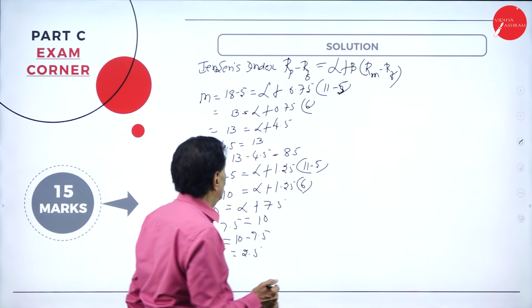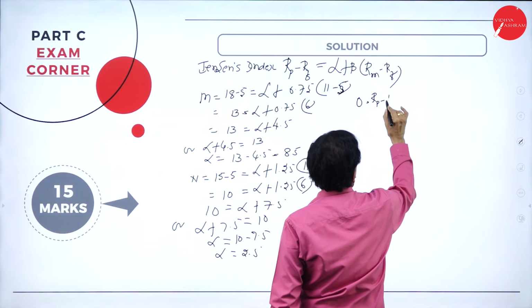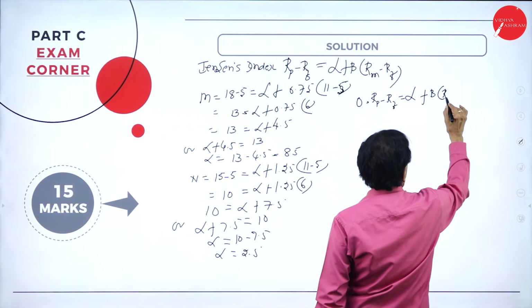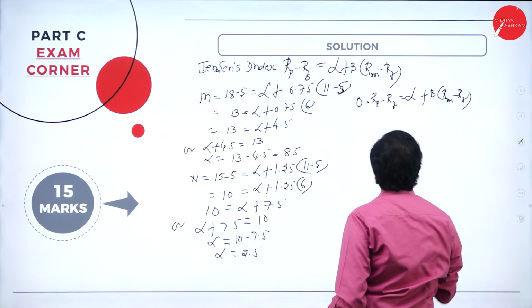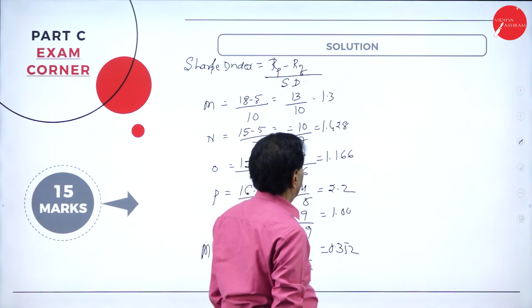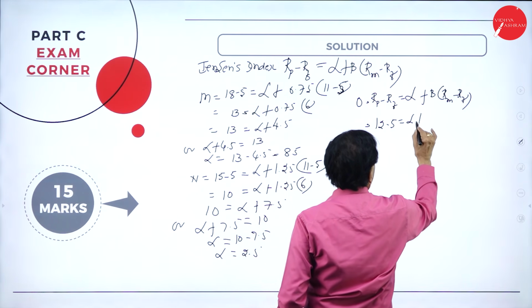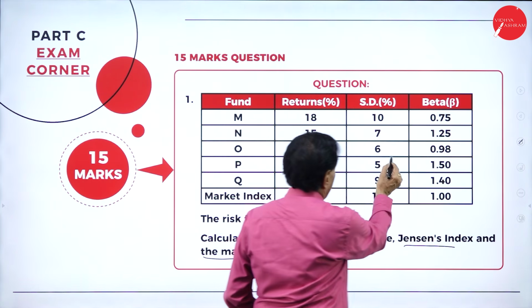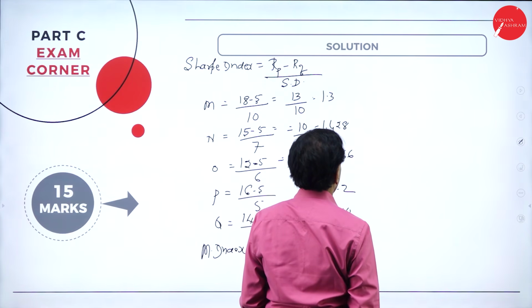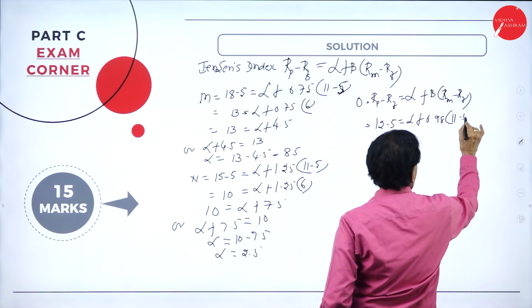O. RP minus RF is equal to alpha plus beta into RM minus RF. Return 12 minus 5, beta is 0.98, into return on market 11 minus 5.